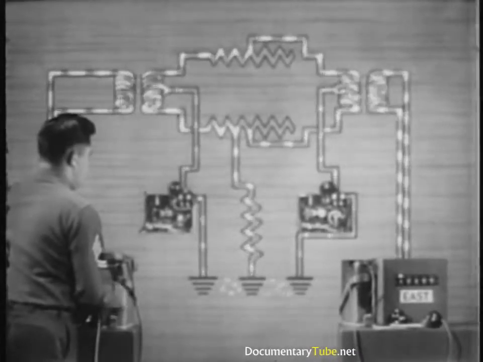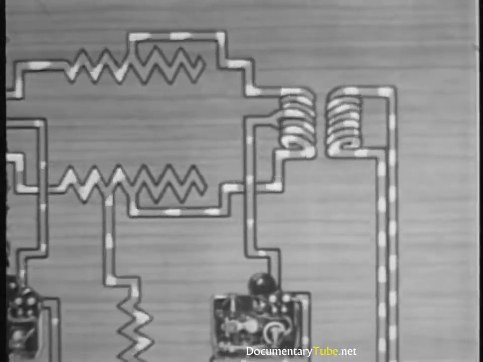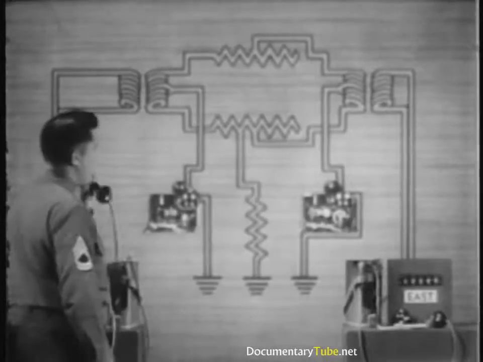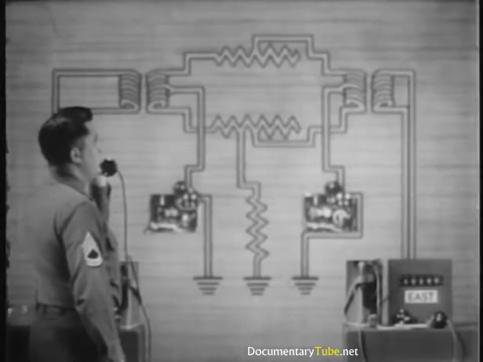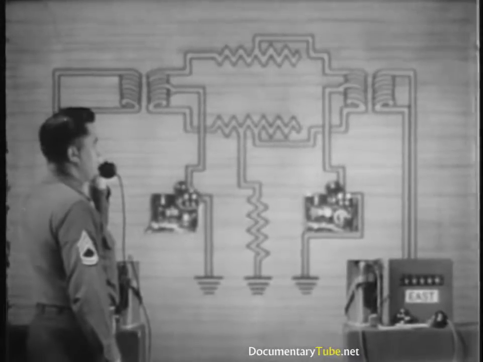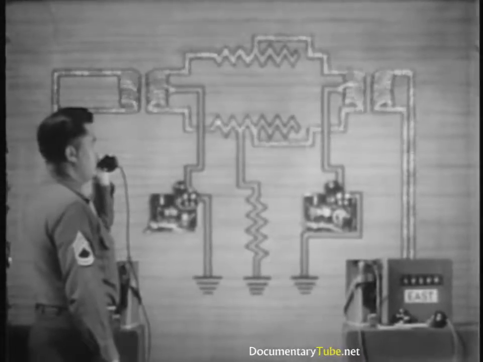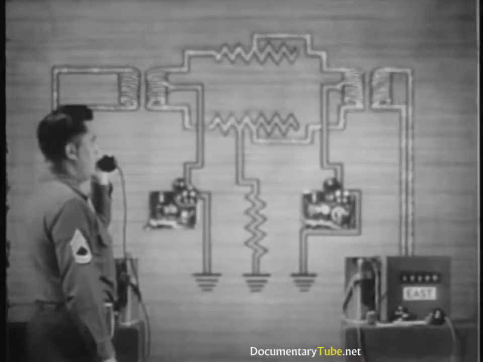Because of this, the ringing current delivered to the far switchboard is less than normal. Voice current, however, is unaffected. We have seen before that this higher frequency current cannot travel through a telegraph instrument. Consequently, it follows its normal path.